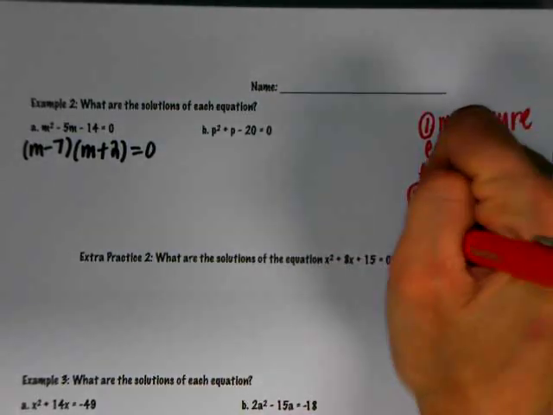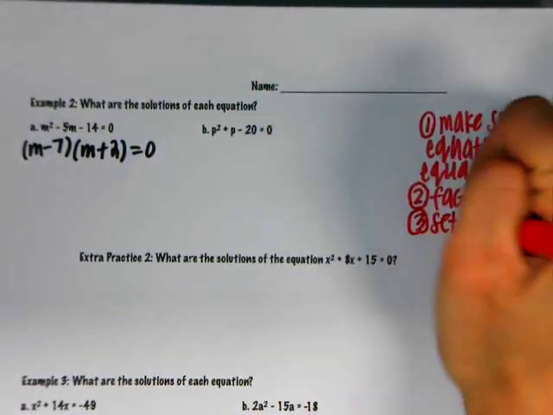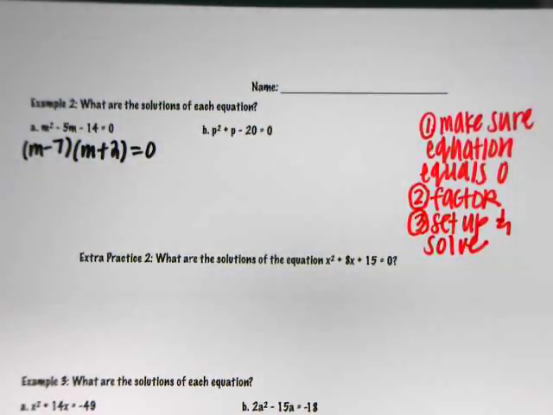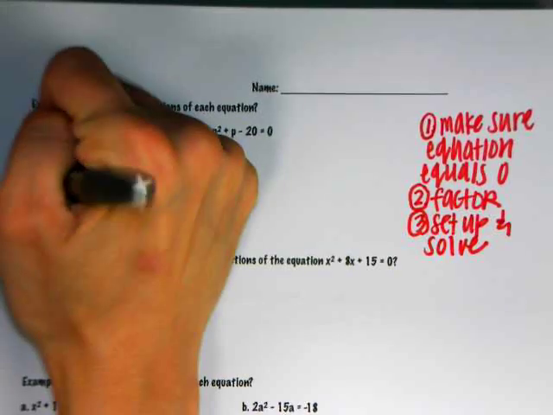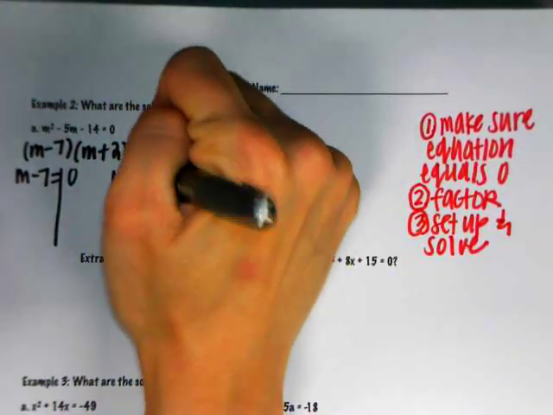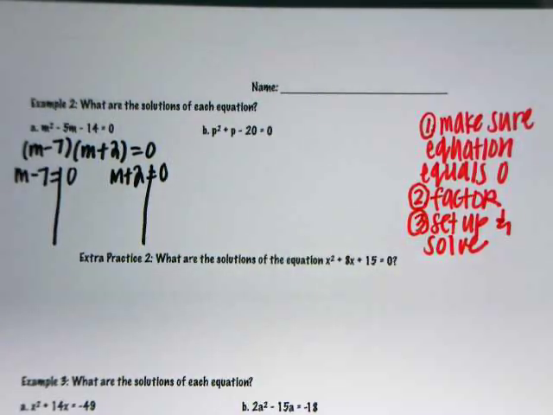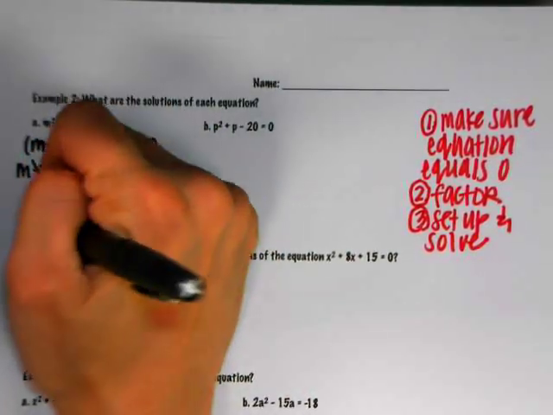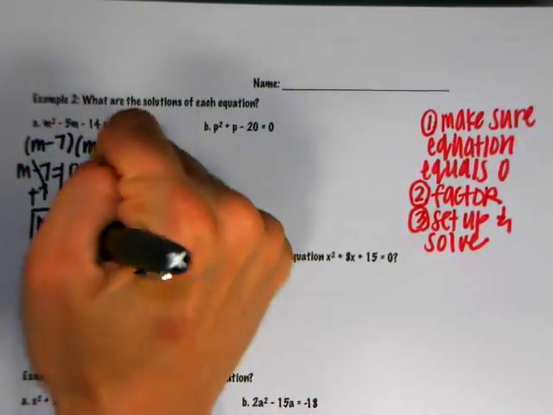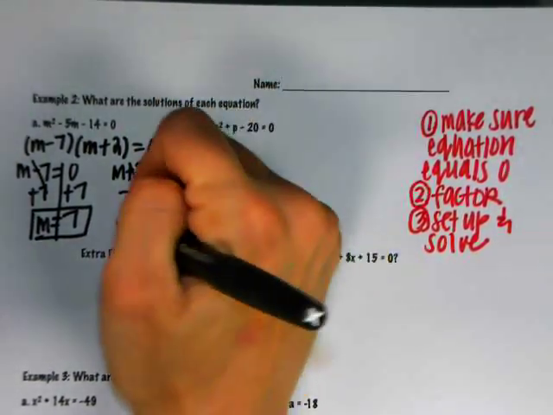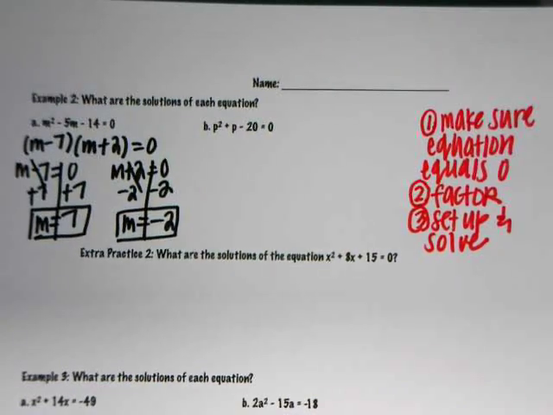So set up and solve. So you're going to do m minus 7 equals 0, and m plus 2 equals 0. So add 7, m equals 7, and subtract 2, m equals negative 2. Make sense? Yeah? Okay.